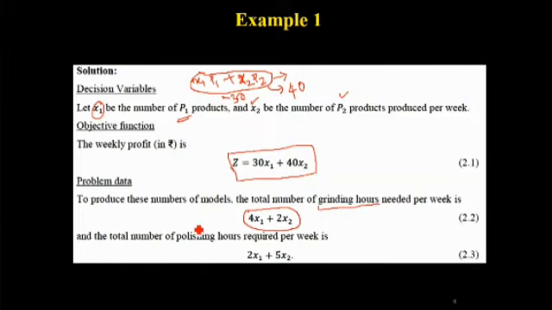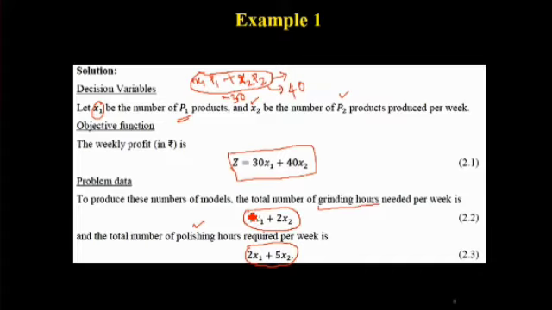Similarly, if we take polishing hours, P1 needs 2 hours of polishing, P2 needs 5 hours of polishing. So polishing hours will be used like this: 2x1 plus 5x2.